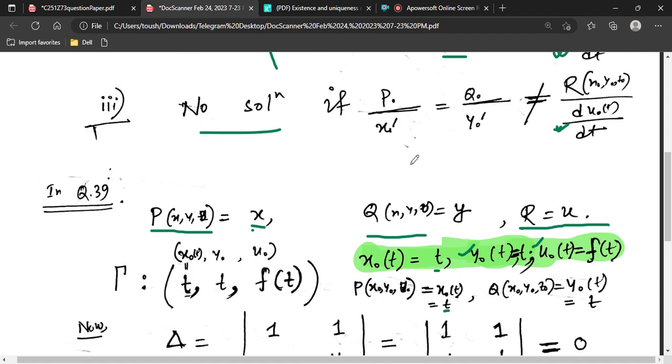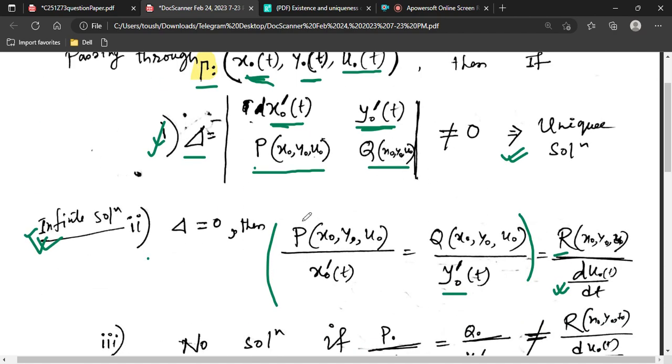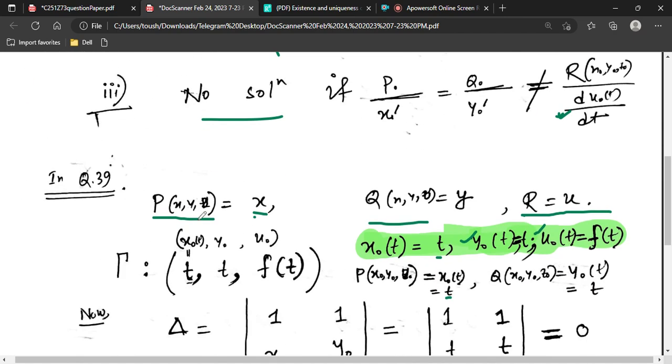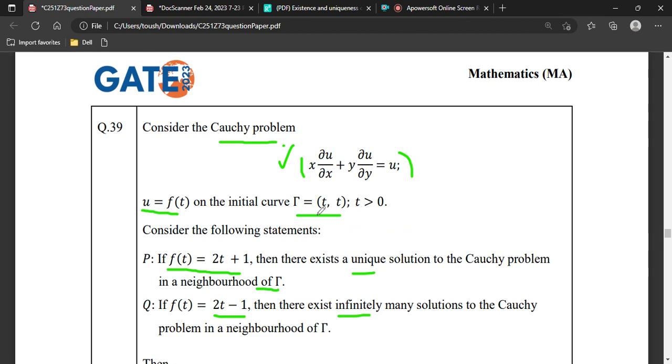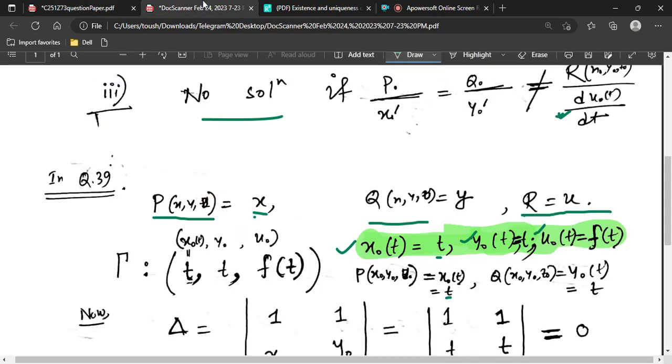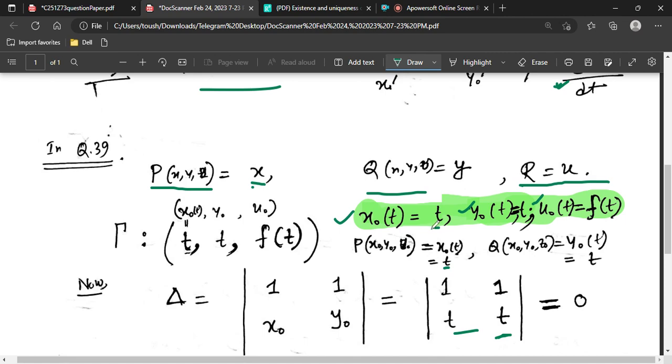Now you need p0, q0 and r0 also, right? So from these you have to find p0, q0 and r0. But what is your x0? They are giving the initial data curve like (t, t, u), so x0 is t, y0 is also t, and u0 is f(t).